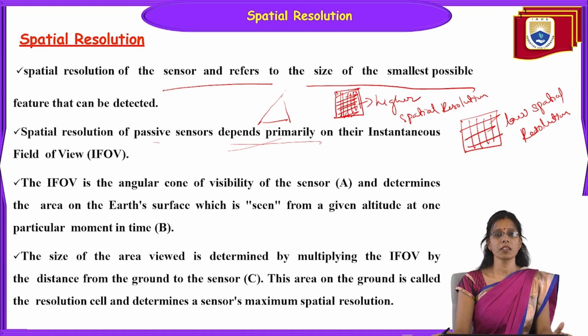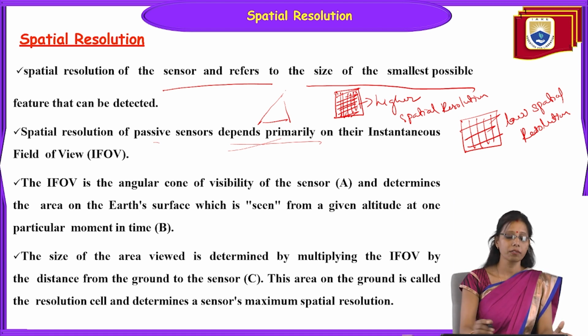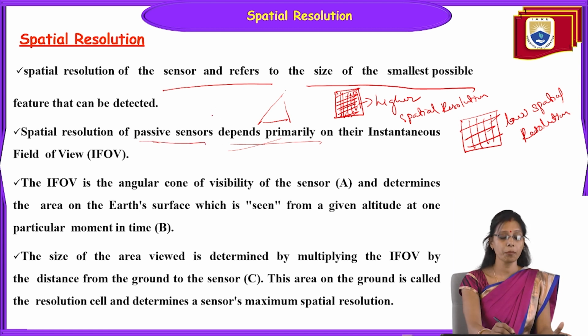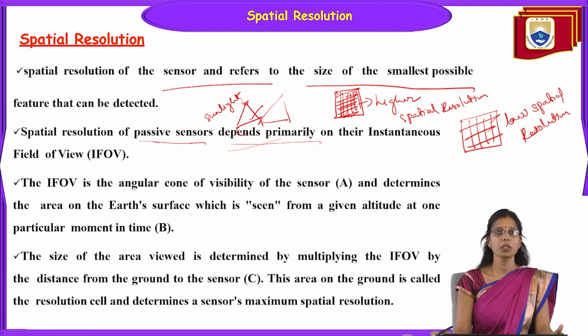So we have two types of sensors, passive sensors and active sensors. Passive sensors need sunlight for capturing the information. When sunlight is available, it will capture how much area it views. That view is captured by this type of sensor.